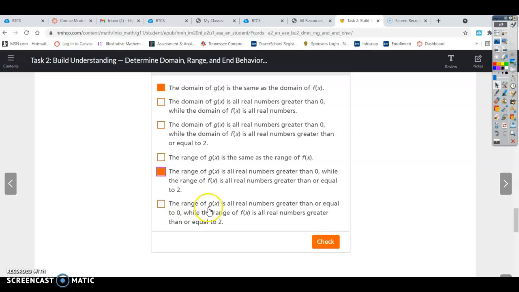And then if you look at this, the range of g of x is all real numbers greater than or equal to 0, while the range of f of x is all real numbers greater than or equal to 2.